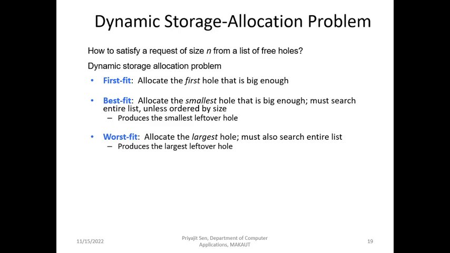That is not a good thing. You have to find the largest hole and allocate the process there. But the problem is that you are not going to check the best location where you can keep your actual data, or the process.